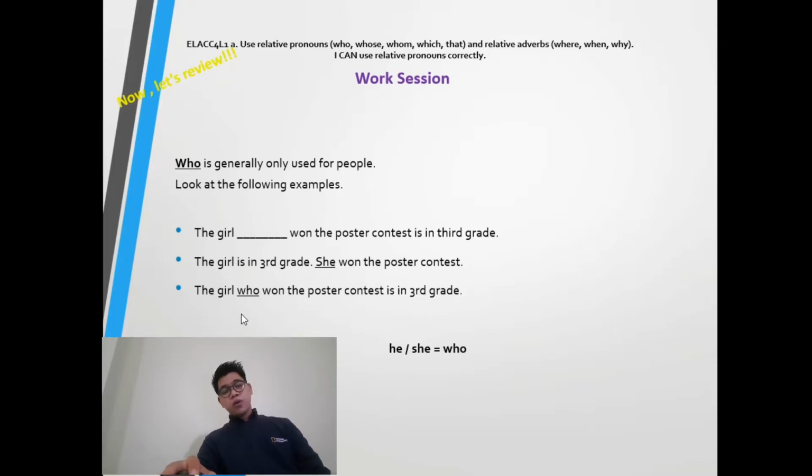So we use who to combine the two sentences. The girl is in the third grade is the first sentence, and she won the poster contest is the second sentence. So we combine them using a relative pronoun. We use who because the girl is human, a person.